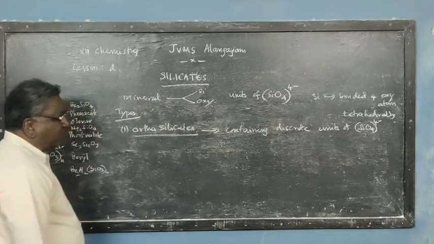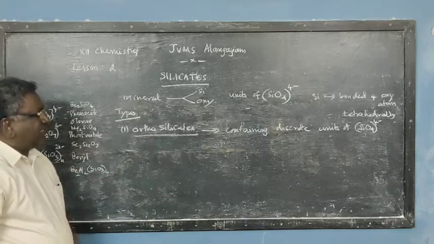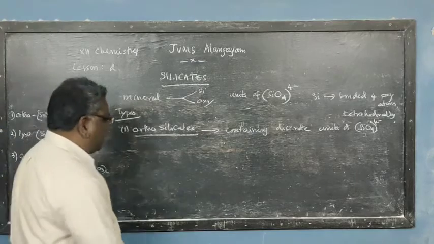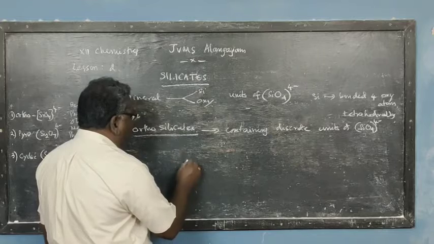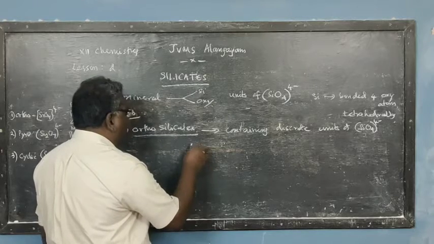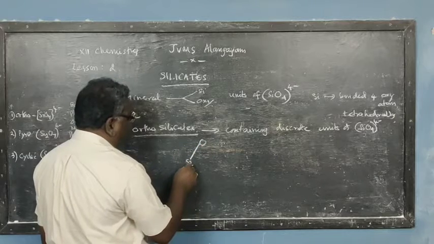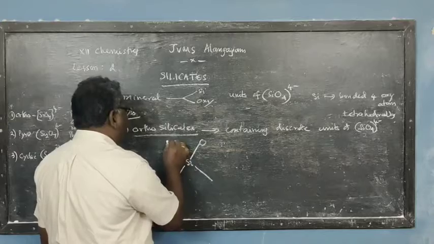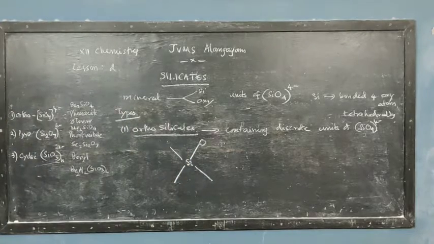So only SiO4 units are present with some metals. Those silicates are called orthosilicates. So in these orthosilicates, every silicon atom will be bonded with 4 oxygen atoms, and it should be in the form of a tetrahedron, right?